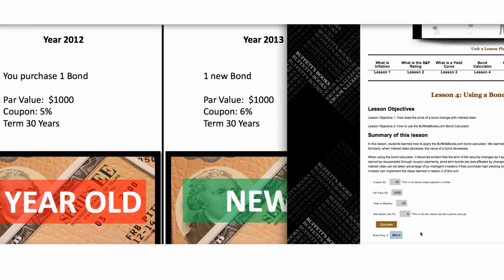And how you can buy these assets at the right time is going back to the previous lesson, lesson 3, where we learned about yield curves. And when you see that inverse yield curve or that yield curve that's flat, that's the time to be in the bond market because you're buying those bonds at a high interest rate. And the Federal Reserve's showing you on the yield curve that they expect interest rates to go down over a long period of time.